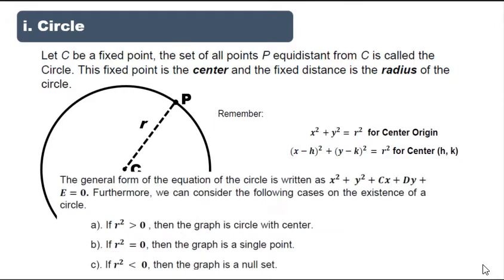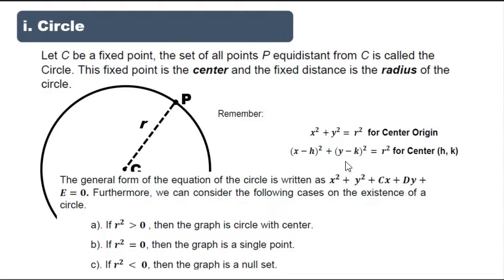Moving on, the general form of the equation of the circle is written as x squared plus y squared plus cx plus dy plus e is equal to 0.